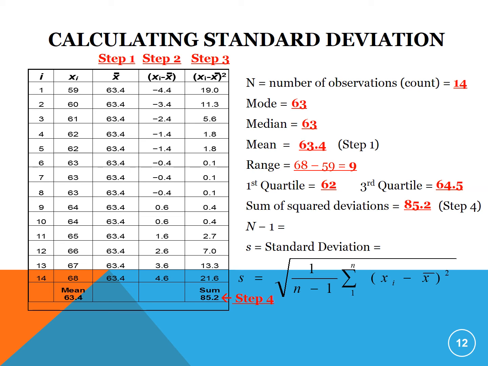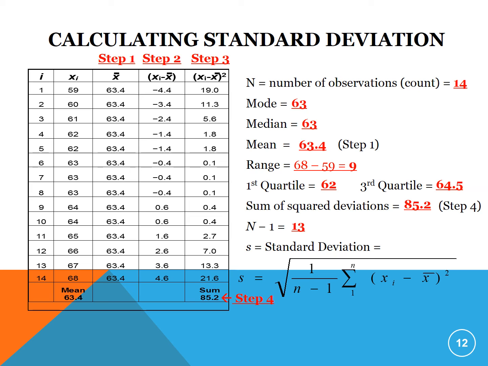We got the sum of squared deviations. N minus 1 is 13. And so once we get those two numbers, 85.2, I don't know where I came up with that number. 85.2 is that sum of squared deviations.